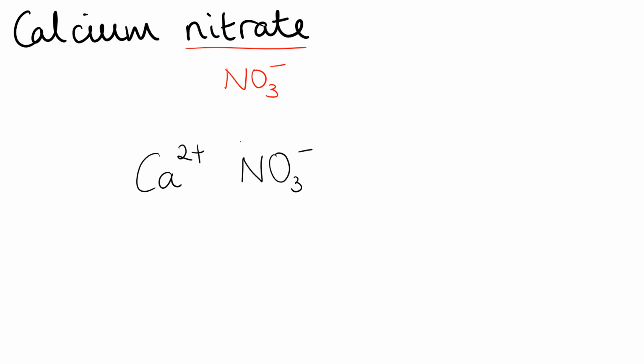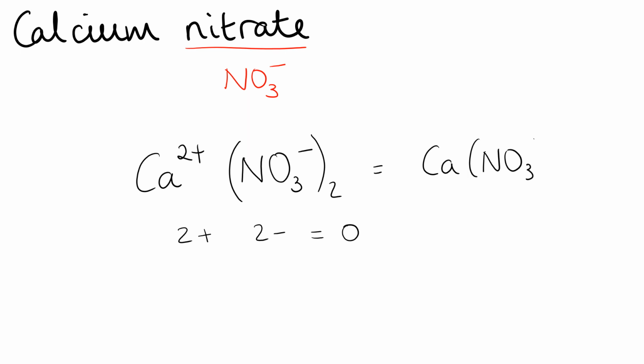Now that means that we need 2 nitrates, so that we have a 2- overall from the nitrate, and the 2+ overall will be 0. So the formula of calcium nitrate will be Ca(NO3)2, with NO3 in brackets and then a 2. And just what this means is that there's 2 lots of everything inside that bracket.